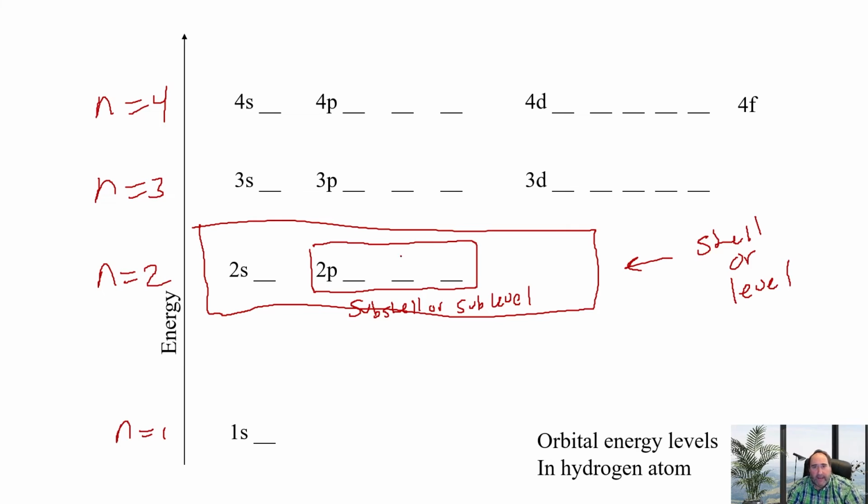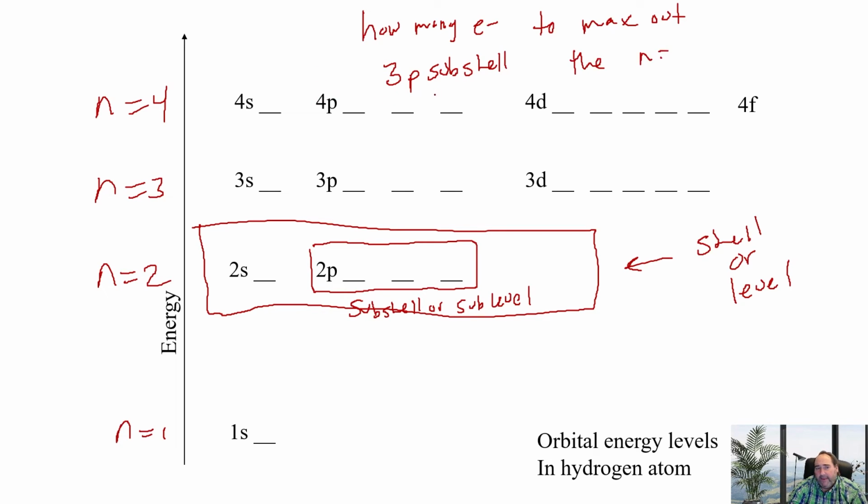So for example, if I ask these three questions: how many electrons to max out the following: a 3p subshell, the n equals 2 level, our shell, and a 4p orbital.